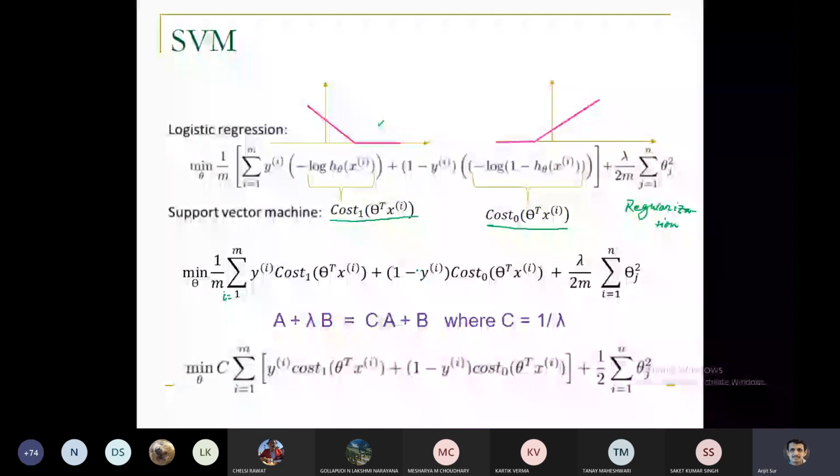So you can see that this is the support vector machine cost function.